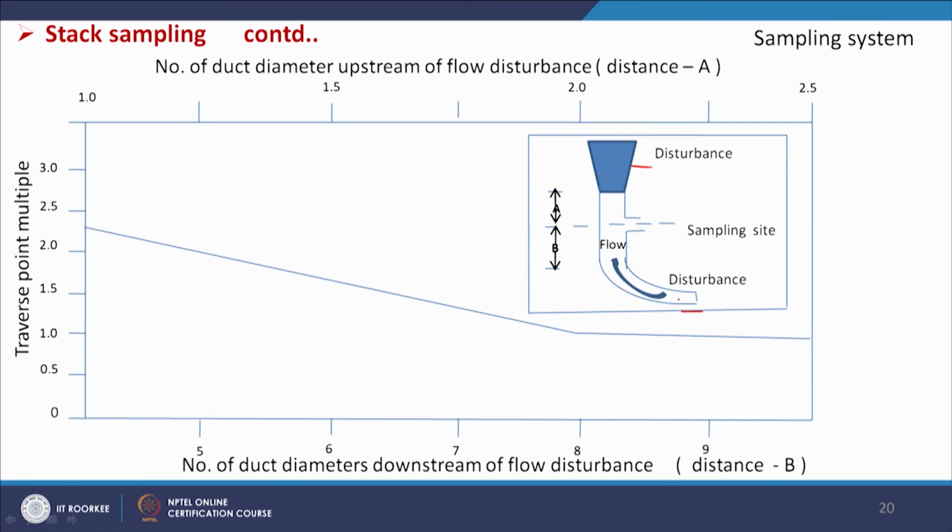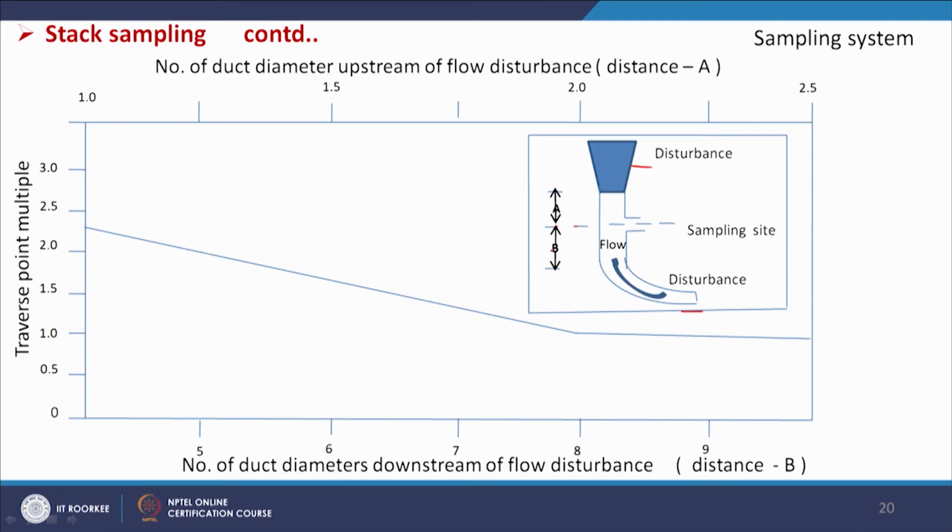Here also there is a bend, that means the flow will change. In such cases our objective will be to collect samples where the isokinetic condition is maintained. When the gas is generated and it is going towards the stack, the same velocity should also be available at the sampling point. That is the main concern.